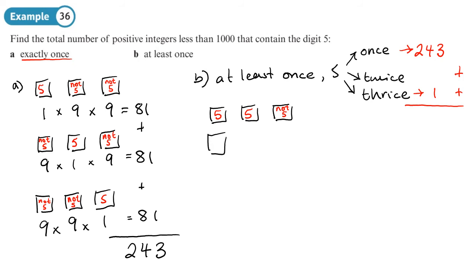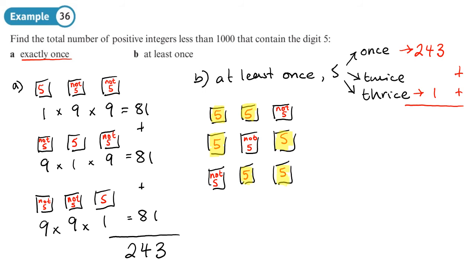Or it could be that we have a 5 in the first and the last position, so a 5 here, a 5 here, not a 5 here. Or it could be that the 2 5s appear in these 2 positions here, 5 and 5, not 5. Okay, so they're the only positions where we can have 5. So first 2, first and third, second and third.